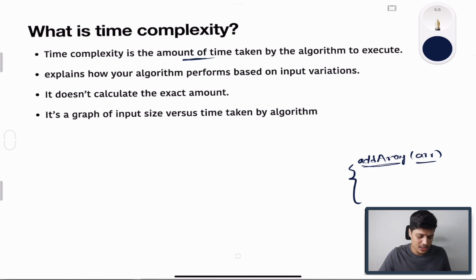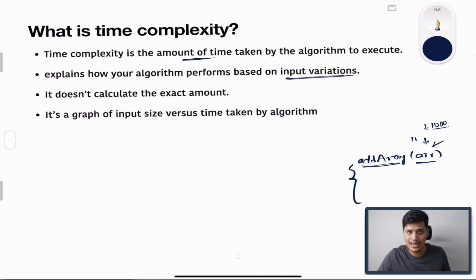The second important thing that you have to know is that it explains how our algorithm is going to vary based on the different input variations. What I mean by that is, for the add array function that we have written, the array of values that we get might have no values at all. The array might have 10 values, the array might have 1000 values.